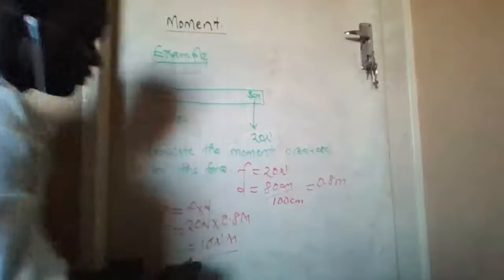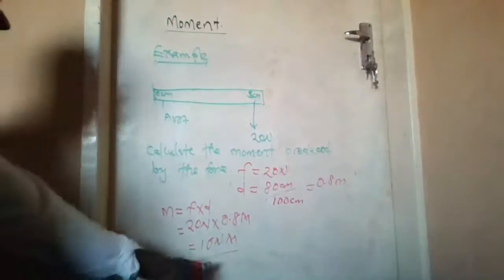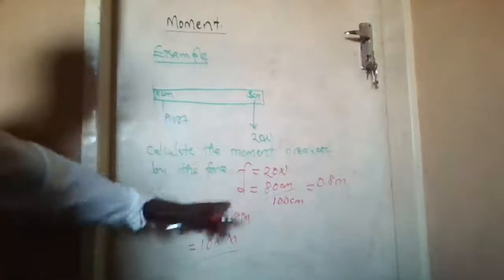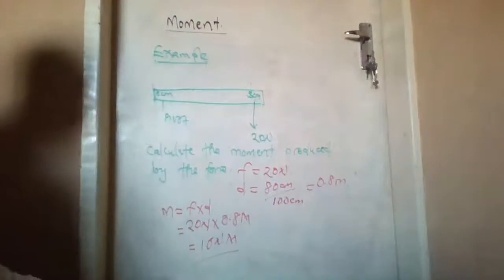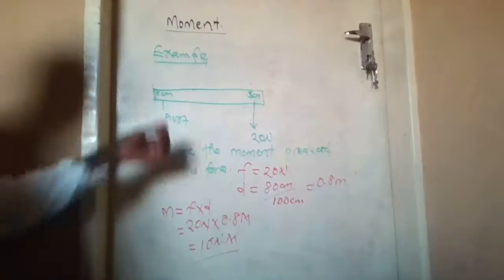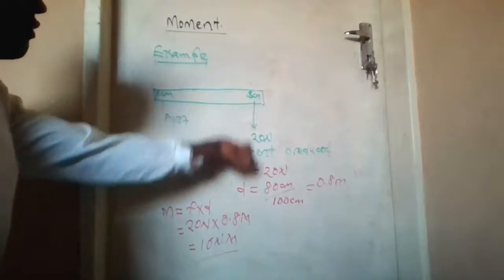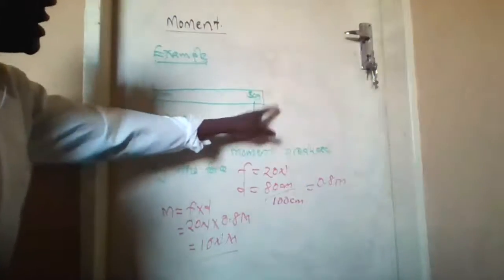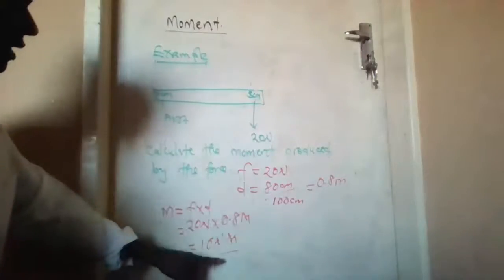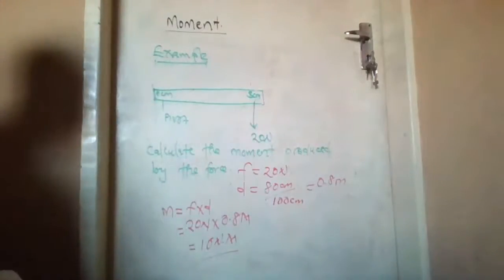So this is a moment, this is the turning effect of the force about that point. If this object were to move in a clockwise direction, what is causing it to move? It is because of this moment, which is 16 Newton meter.